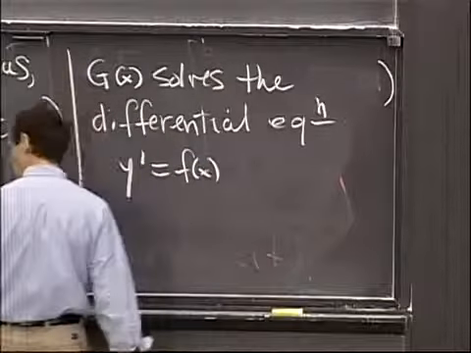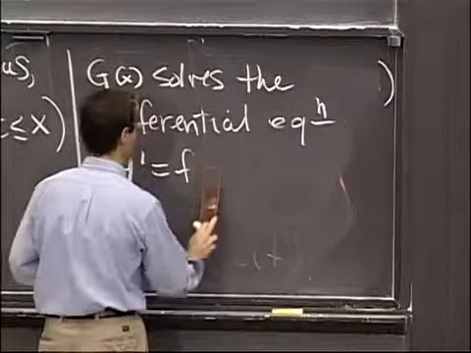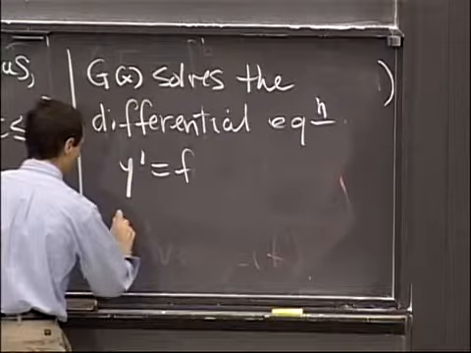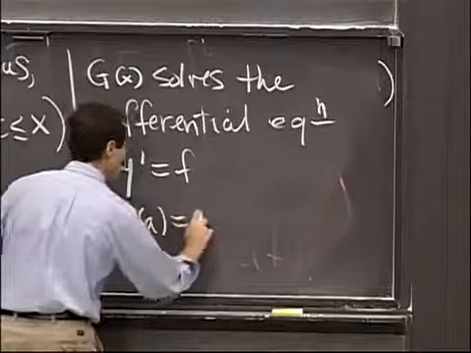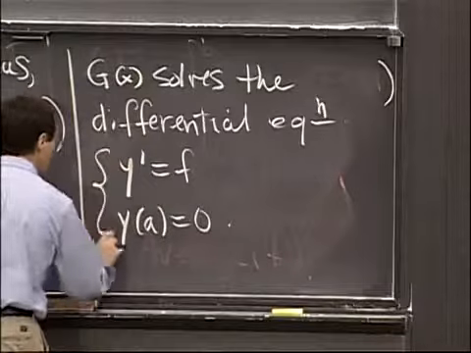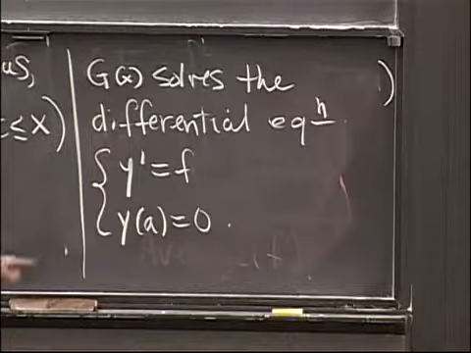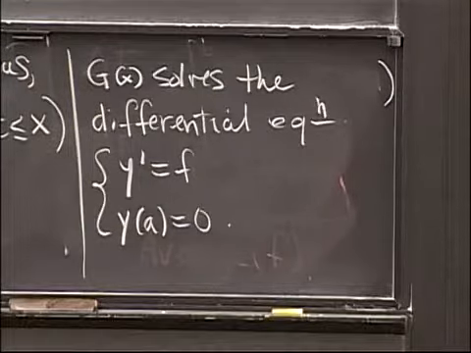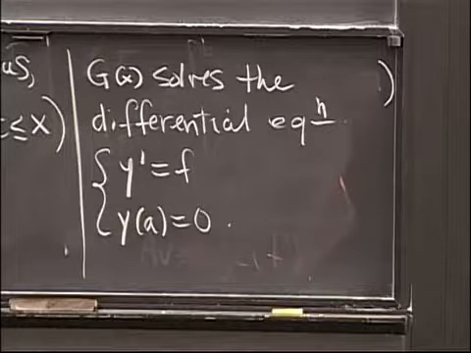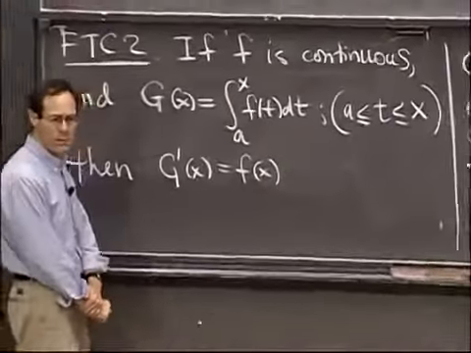So y prime equals f. I shouldn't put the x in if I got it here. With the condition y of a is equal to 0. So it solves this pair of conditions here. The rate of change and the initial position is specified here because when you integrate from a to a, you get 0 always.